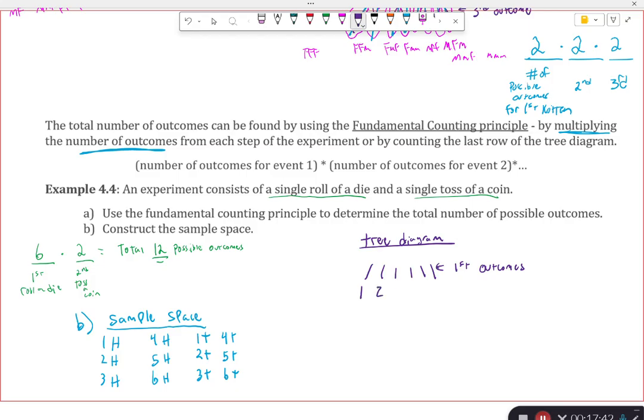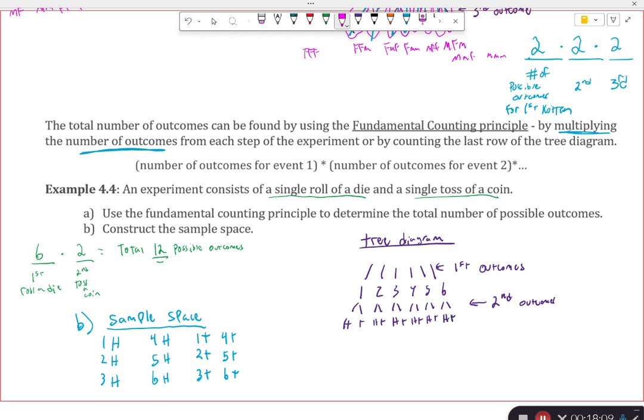It'd be a 1, or a 2, or a 3, or a 4, or a 5, or a 6. And then for each one of those, I have 2 more possible outcomes, which again would be the second set of outcomes. And each one of those would either be heads or tails.